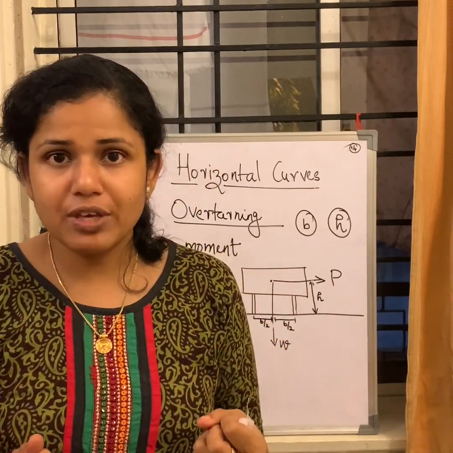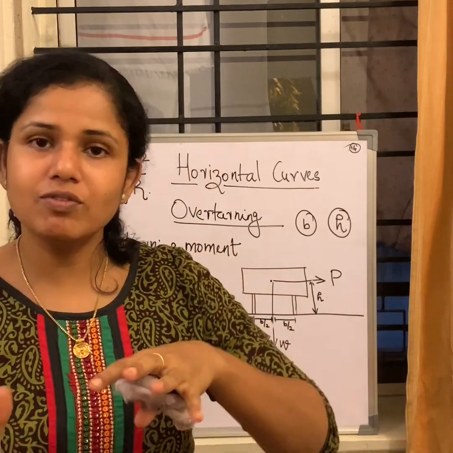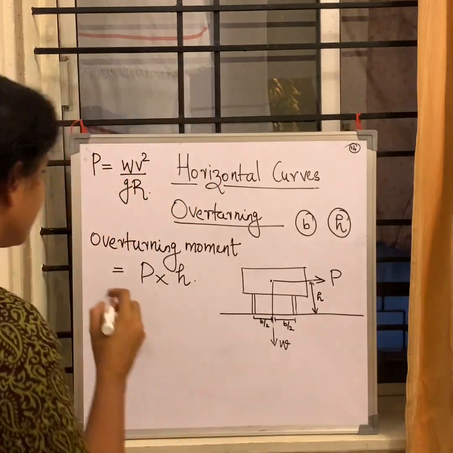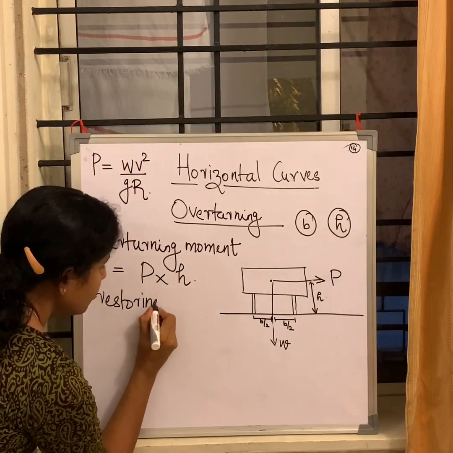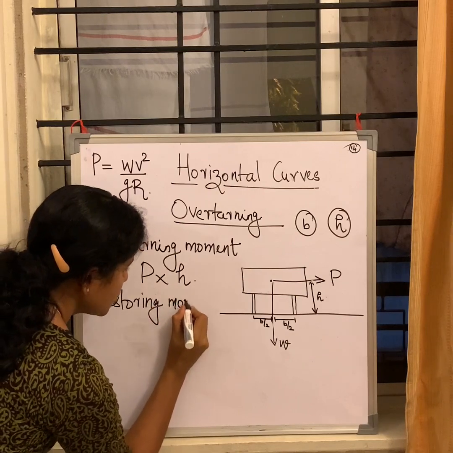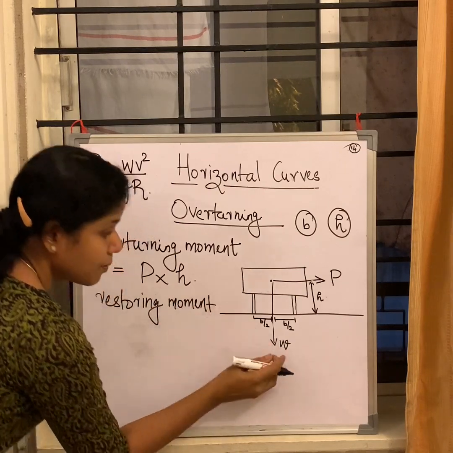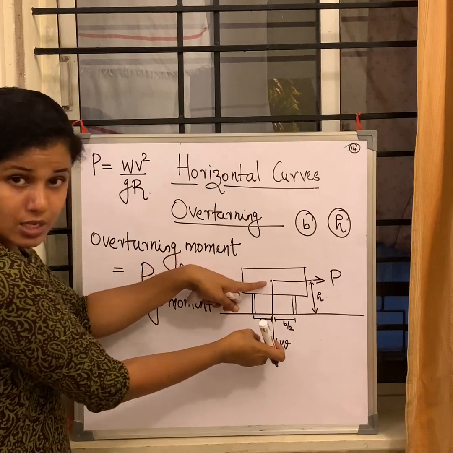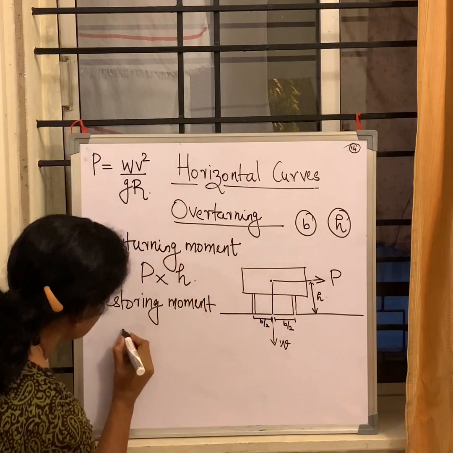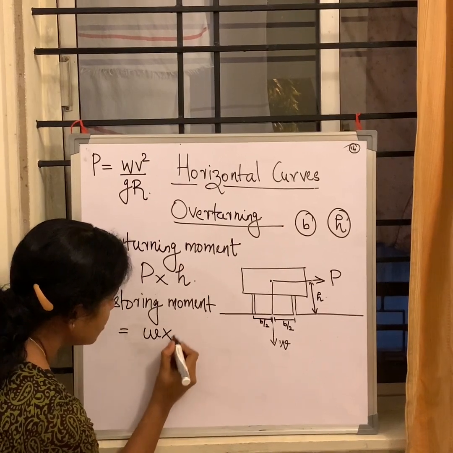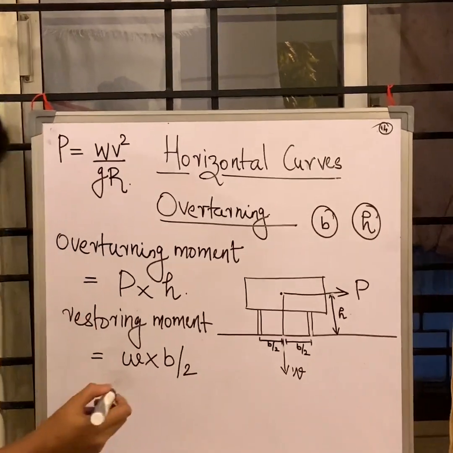The weight of the vehicle produces a moment which acts as the restoring moment. So the restoring moment is due to the weight W. Here my force is W, and my perpendicular distance will be B by 2, which is equal to W into B by 2.